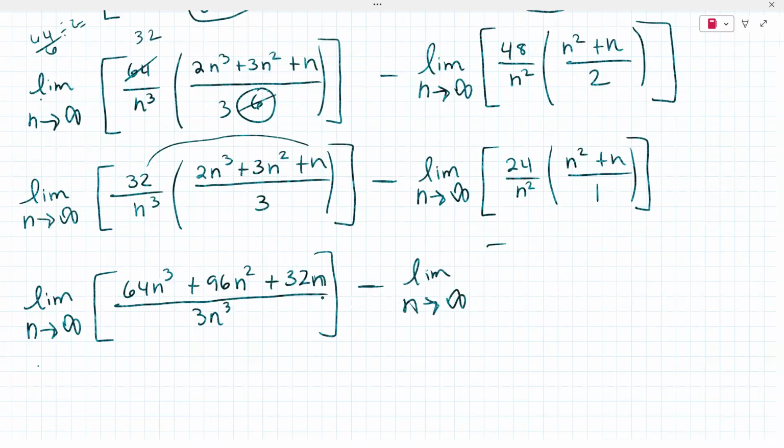Over here, just FOIL out this 24, so that would be 24n squared plus 24n all over 1 times n squared, which is n squared.